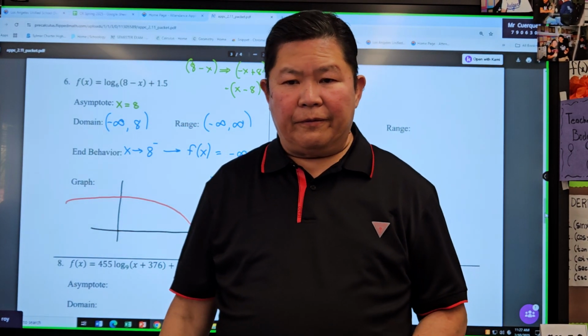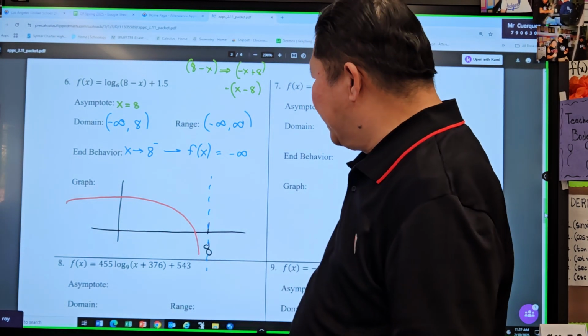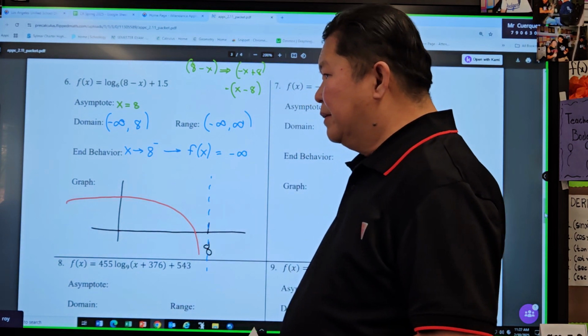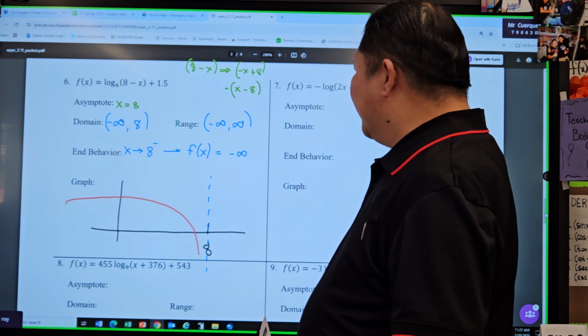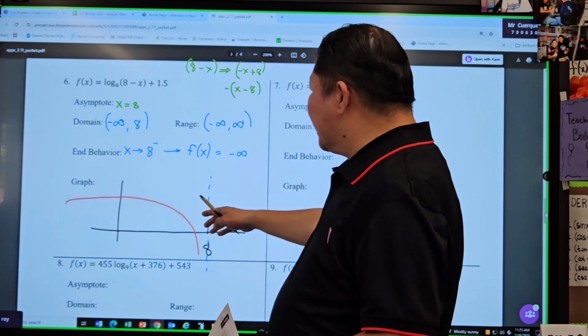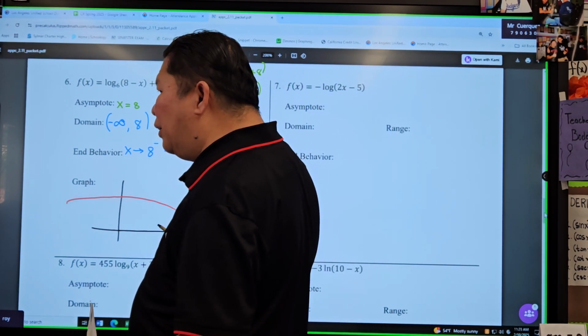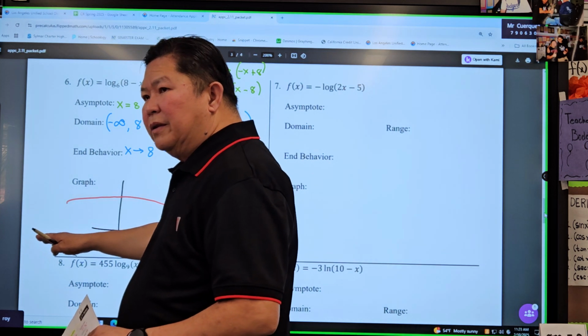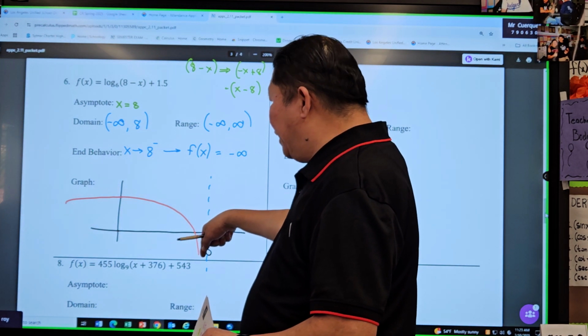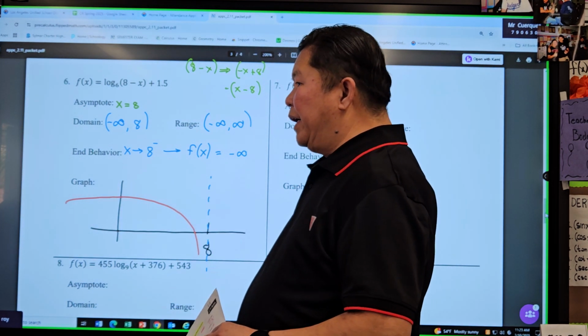Can you graph in Desmos whether it is similar to this one? Okay, so as x is on the left of 8, it's going to be down, right?